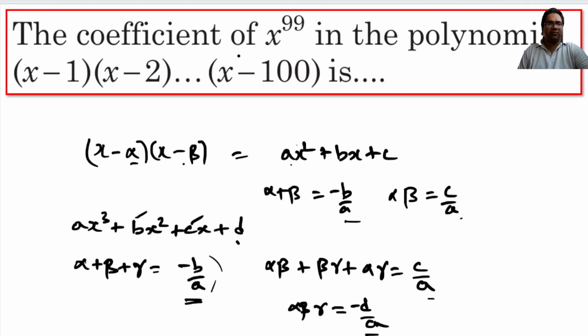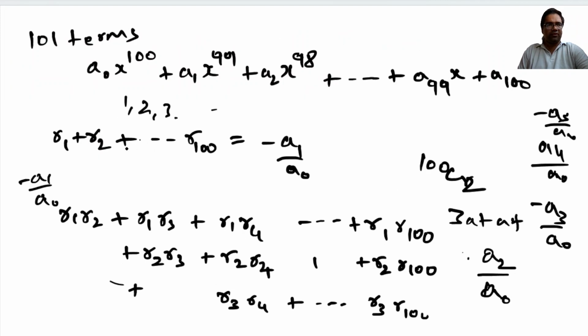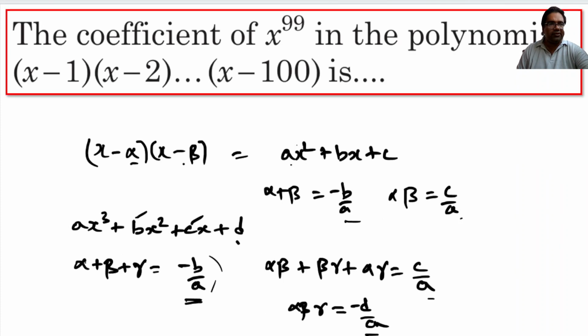What is the coefficient of x power 99? It is actually minus of the sum of the roots. What is a0? The coefficient of x power 100. a0 is clearly 1, because there is nothing before x. If we do the multiplication, we'll get a0 x power 100 plus a1 x power 99 plus so on.